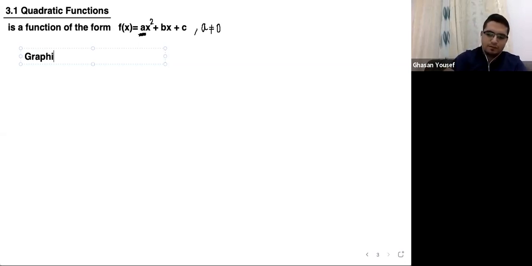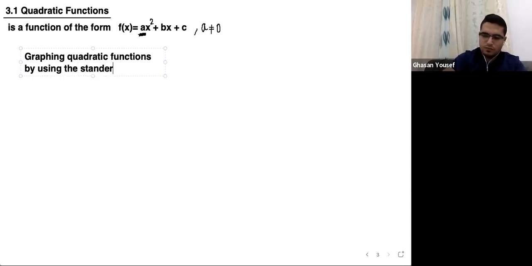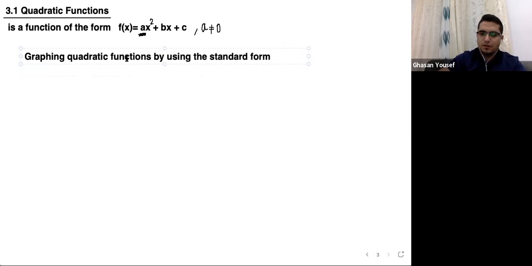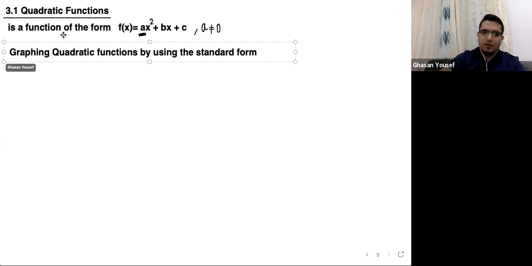So, graphing quadratic functions by using the standard form.